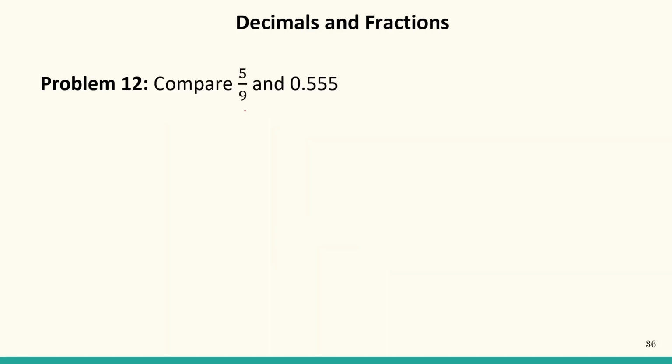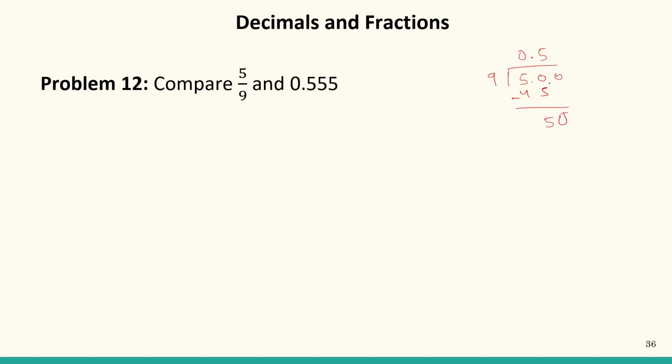So again we can compare 5/9 and 0.555. So 5/9, how can we do it? 5 divided by 9. 0 point. So 9 into 5 is equal to 45. So this is 5 and again 0.